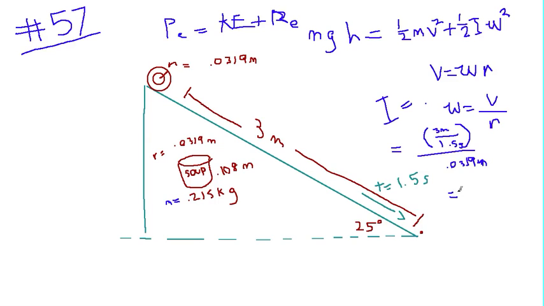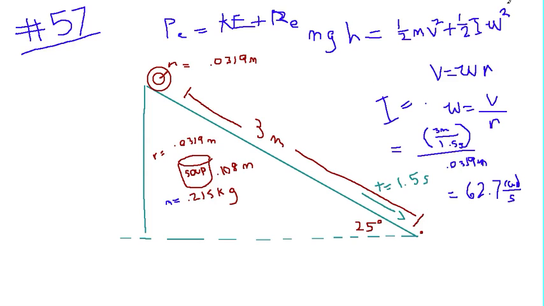After using the calculator, 3 divided by 1.5 seconds divided by 0.0319 is 62.7 radians per second. And of course, radians is just another counting unit, from the degree. So 62.7 radians per second.